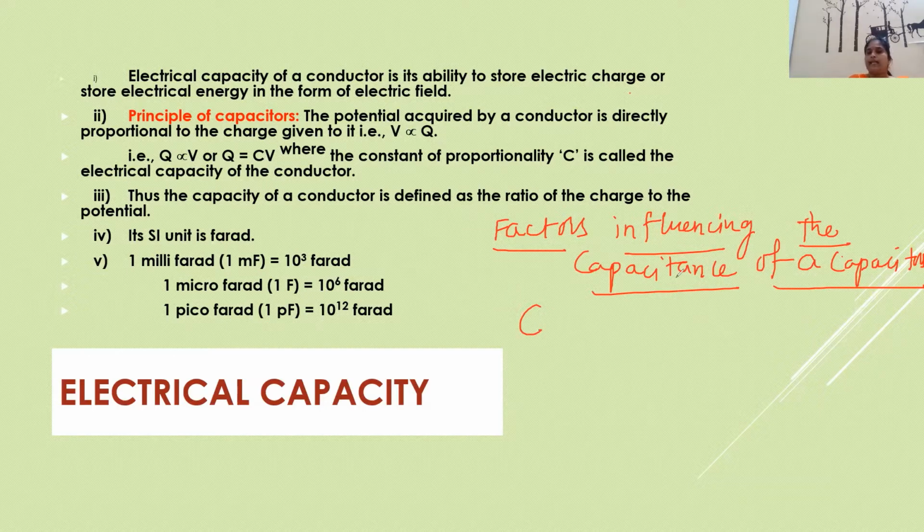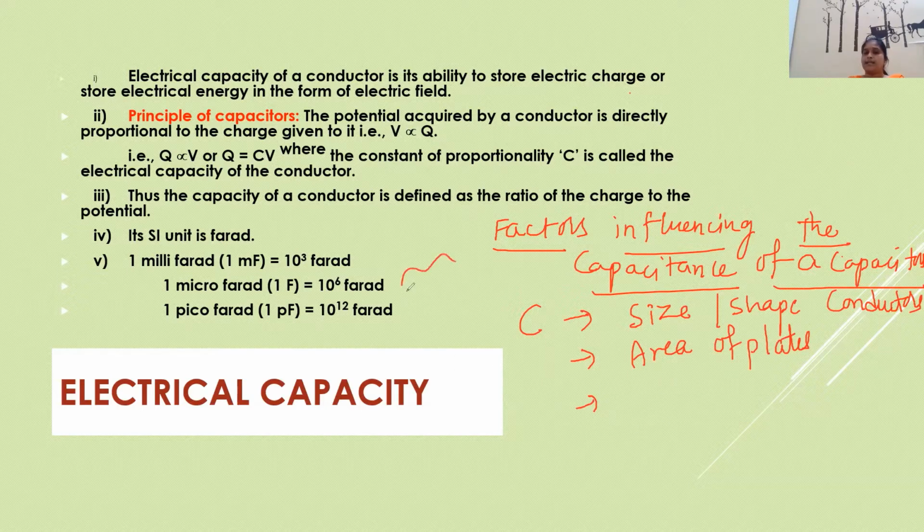One, it depends on the size and the shape of the conductor, whether the conductor is a sheet or a square or a circle. That size and shape itself decides the area of plates.